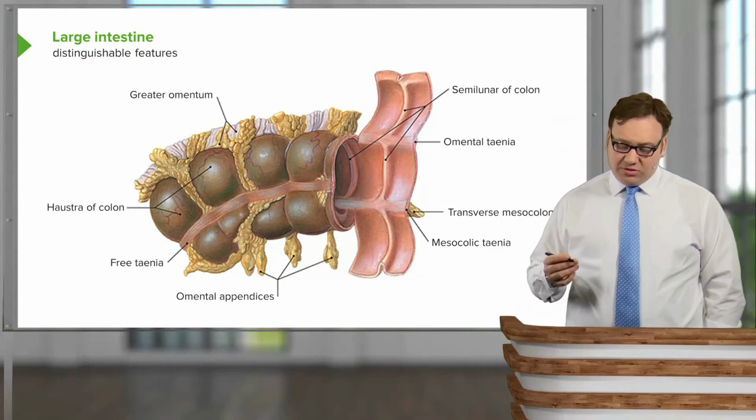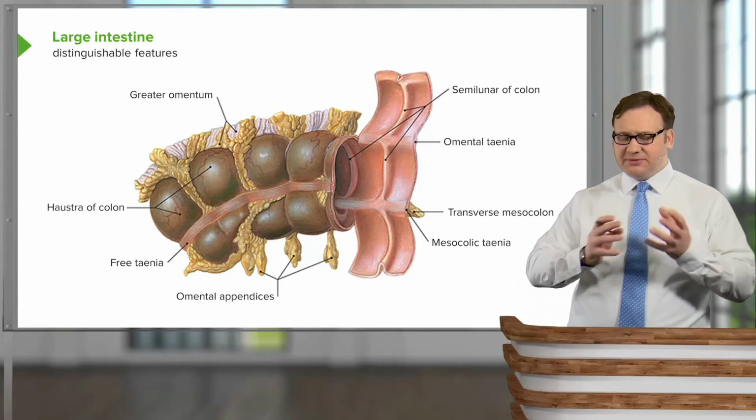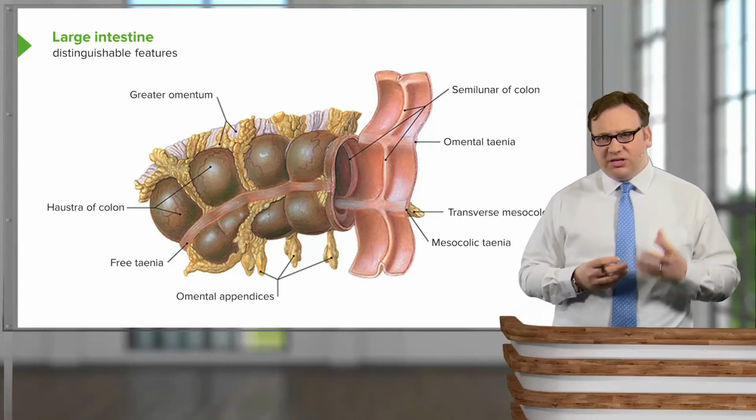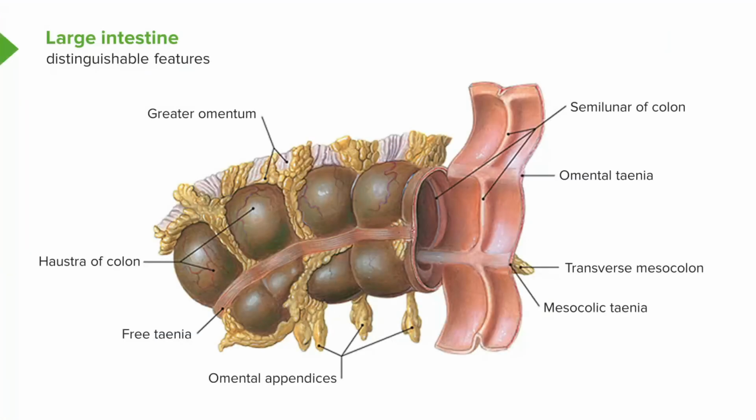Now, you should be able to notice the small intestine by its location, but sometimes throughout life, various things can happen and the position of the organs in the abdomen can become distorted. But here we can see there's a series of distinguishable features that make the large intestine stand out from the small intestine. We have what are known as tenia coli.